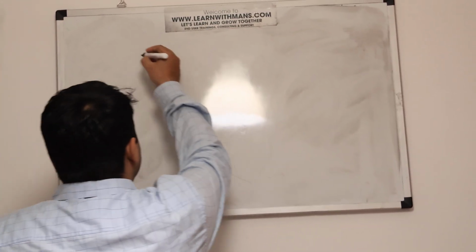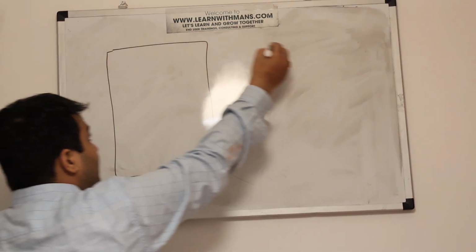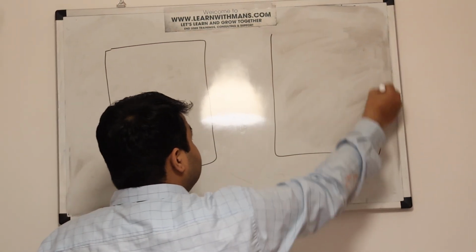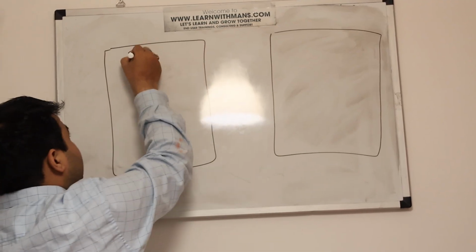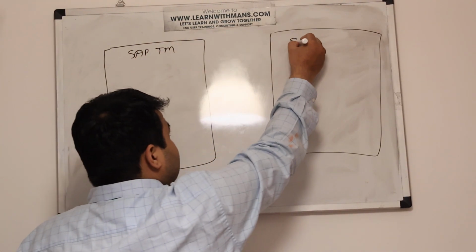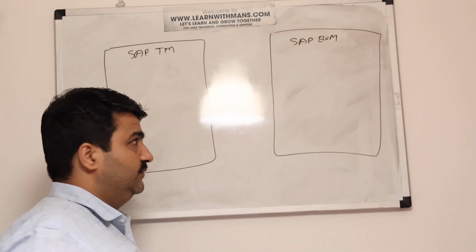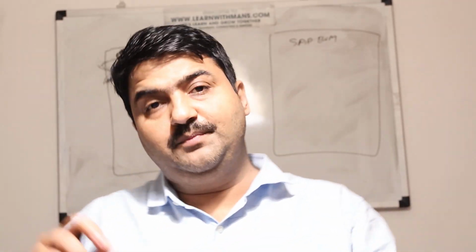Next, I will explain on the board. We have two different systems: first the SAP transport management system, and second the SAP EWM system. Between these two systems, the data communicates through specific things.